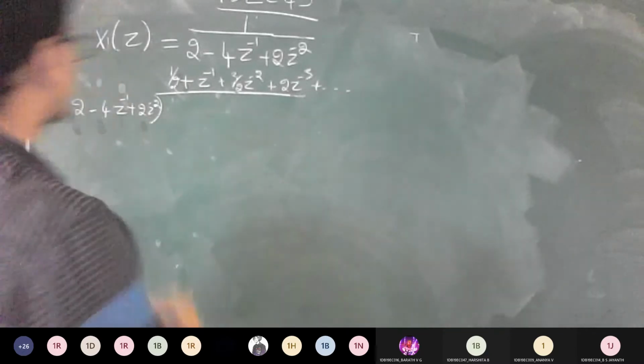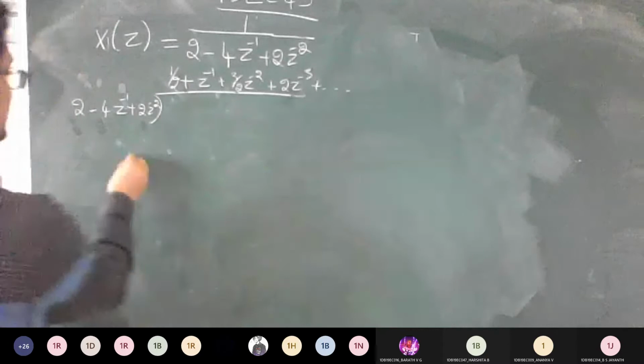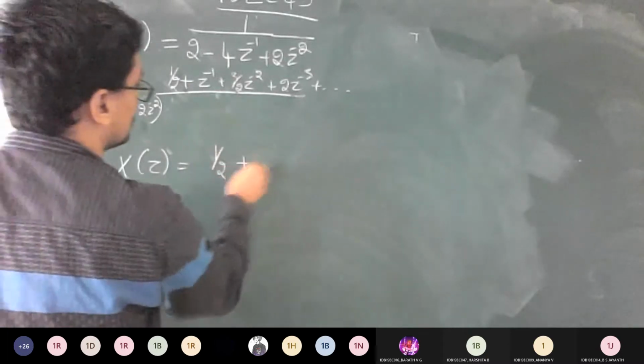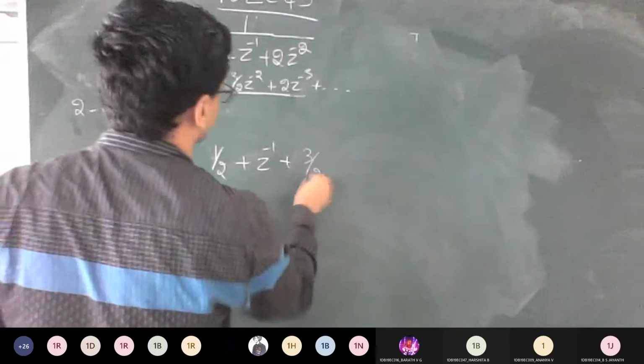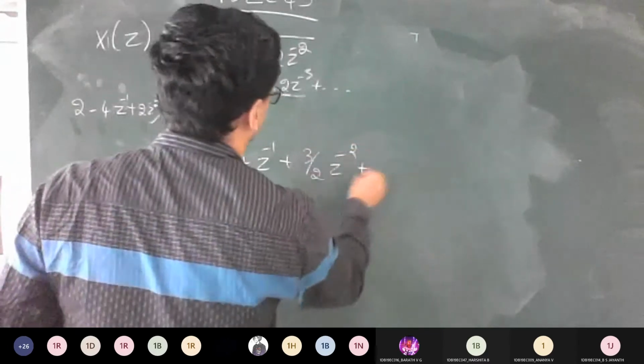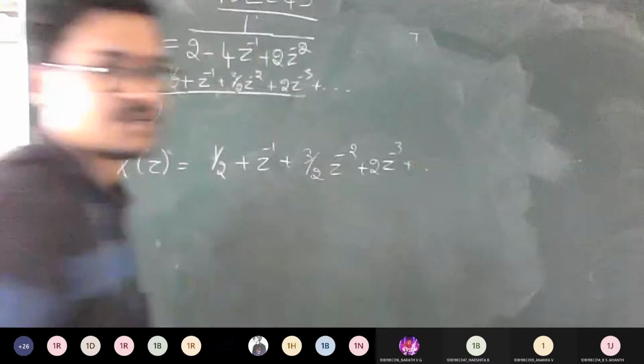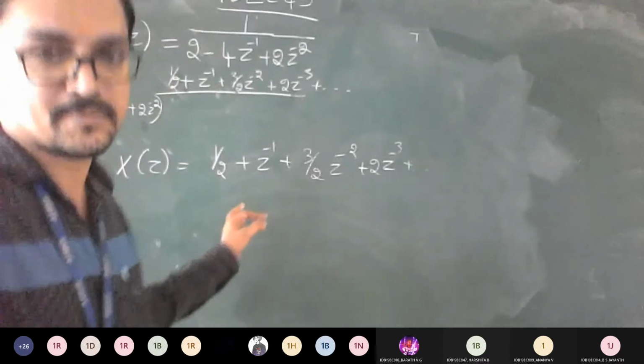So x of z, whatever the question was, you can simplify it as 1 by 2. Since it is z greater than a, the z powers are negative.